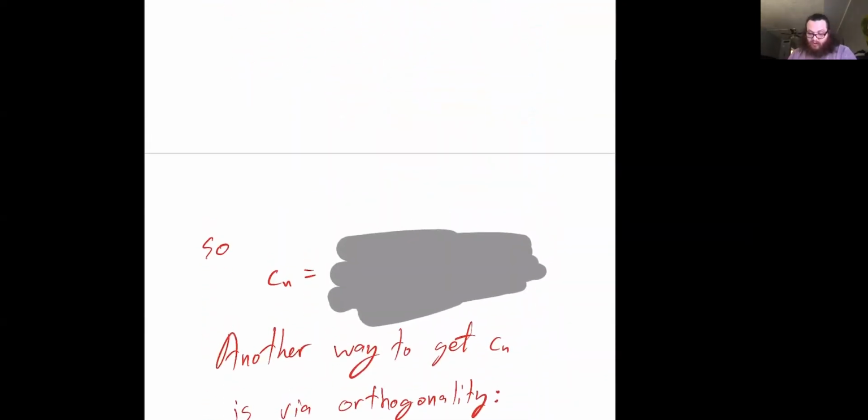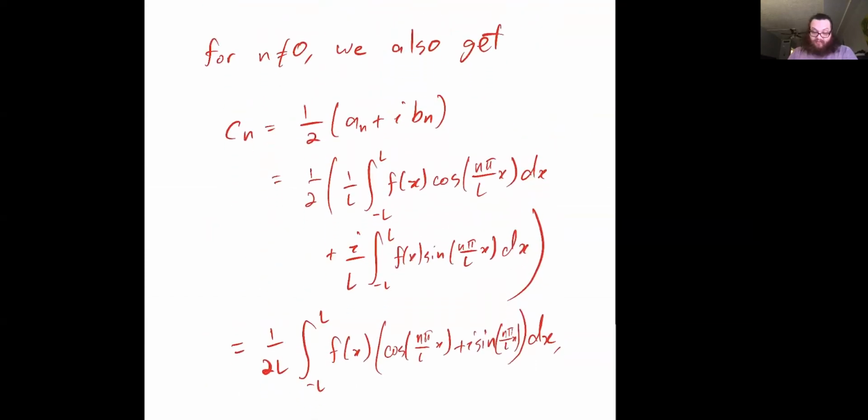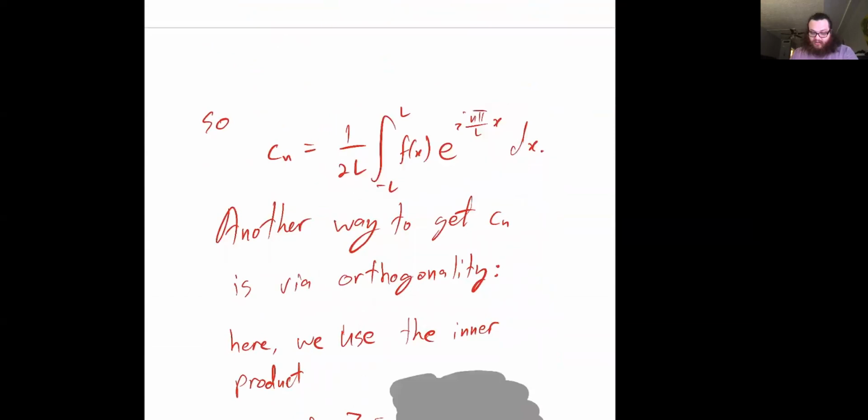So another way of expressing this coefficient c sub n is in terms of this integral here. Very similar to what we had before with the cosine and sine integrals and getting these coefficients.